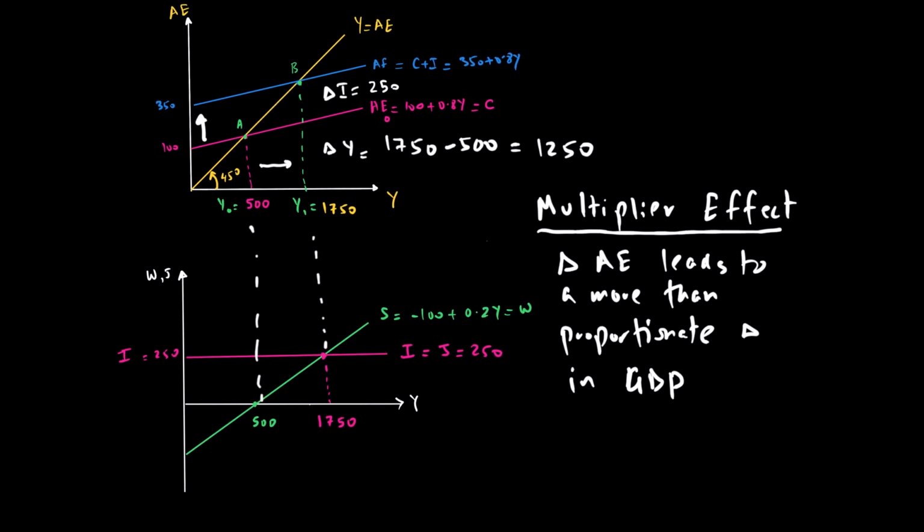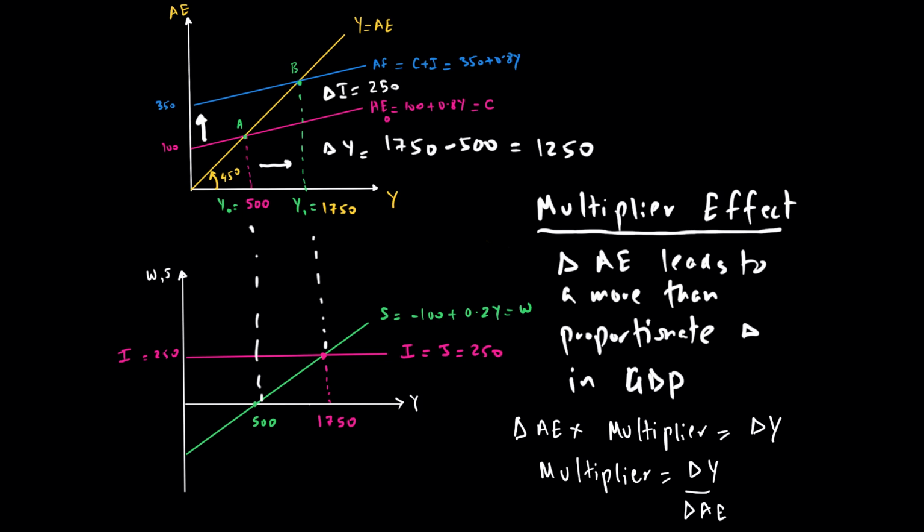The formula for multiplier, we say this, that change in AE times the multiplier is my change in Y, where basically I can rewrite this and say the multiplier is simply change in Y over change in AE.